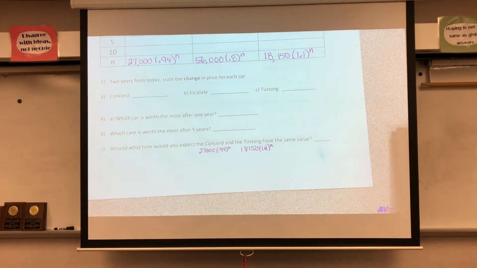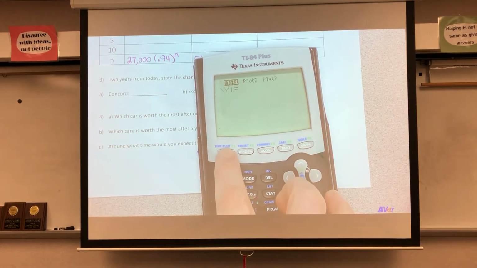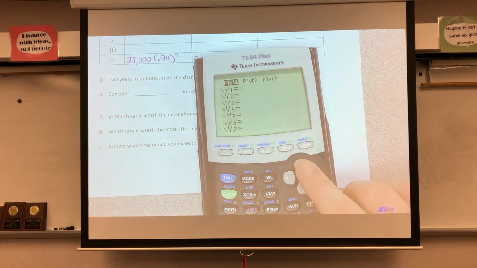We are going to go back to our calculator, and I'm going to go to my y equals button. The first thing you may want to do is notice that Plot 1 is highlighted. That means my stat plot is on. If yours is off, that's awesome, but I'm going to go up, press enter, and go back down to make sure the stat plot won't get in my way of graphing anything.